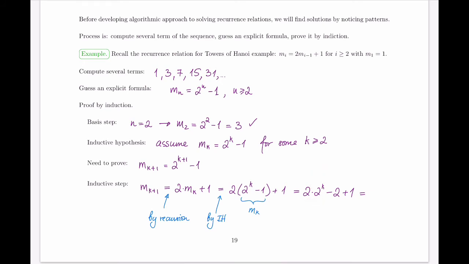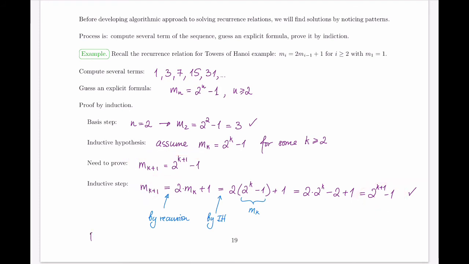So we're going to altogether get 2 to the power k plus 1. And then what do we have in terms of numbers? We have minus 2 plus 1, so minus 1, which is exactly the same as the expression on the right here, which means that indeed m sub k plus 1 is equal to 2 to the power of k plus 1 minus 1, as we needed to prove.